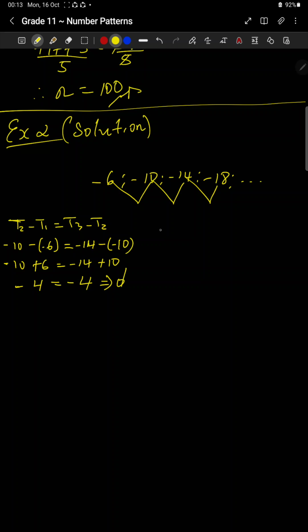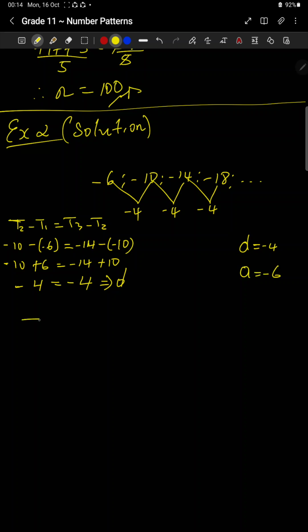Now that we know the value of a, which is negative 6, and the value of d, which is negative 4, let me just write them down here. d is negative 4 and a is negative 6.